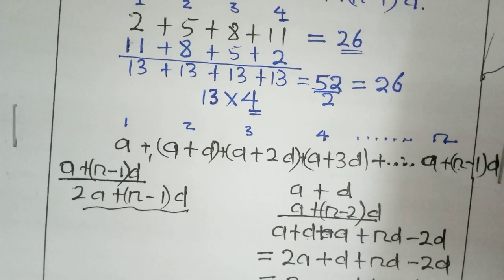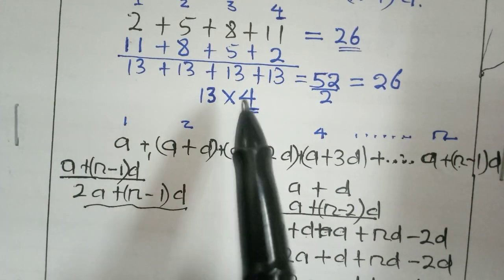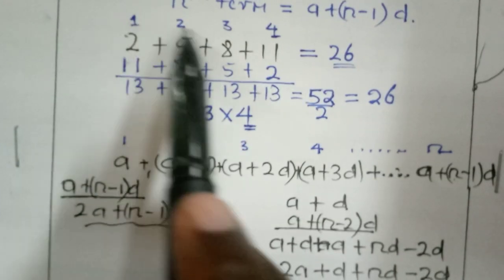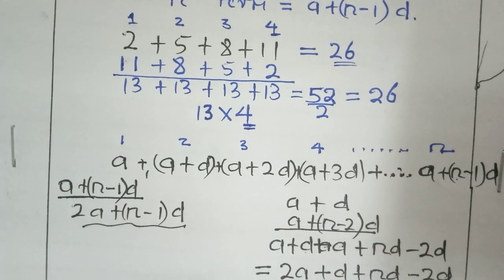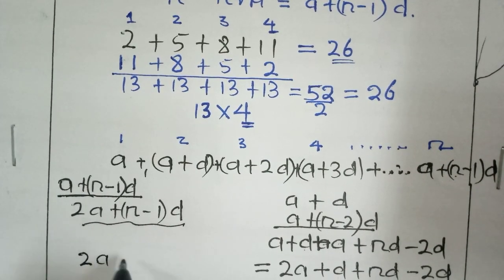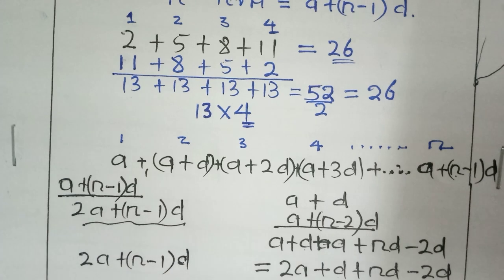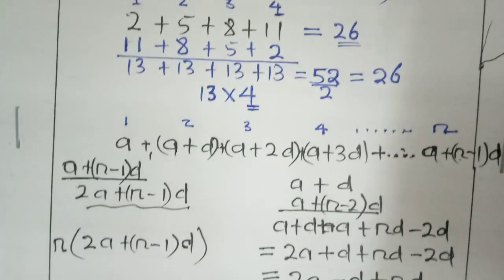After that, guys, you can see after we got our answer 13 here, we multiplied by 4, and 4 was the number of terms. The number of terms we have is n. So we are going to multiply 2a plus n minus 1 d by n.